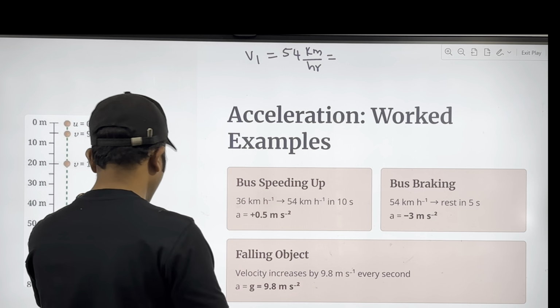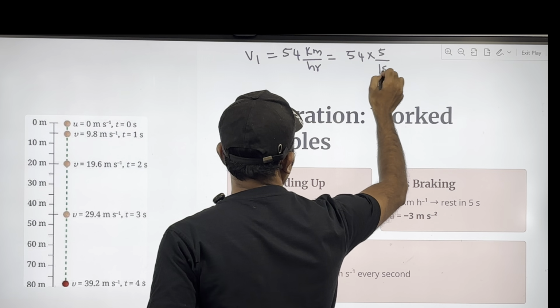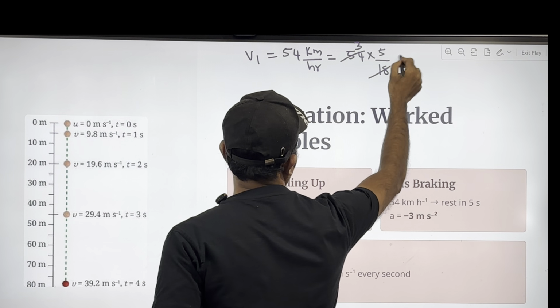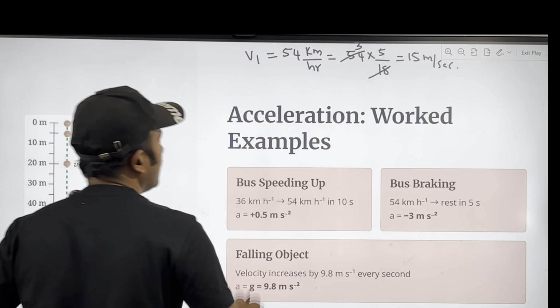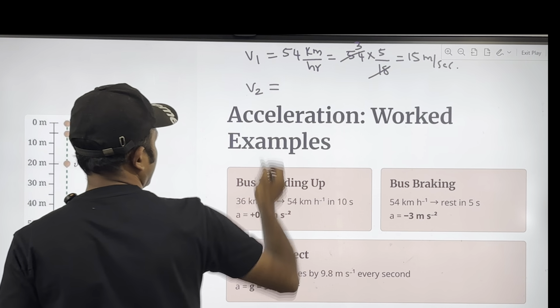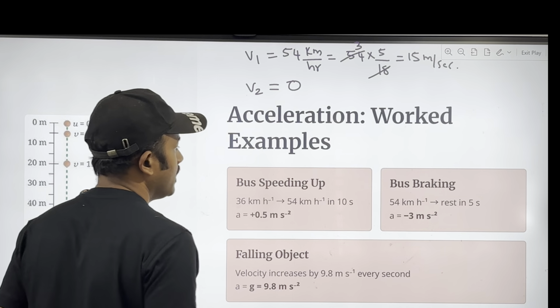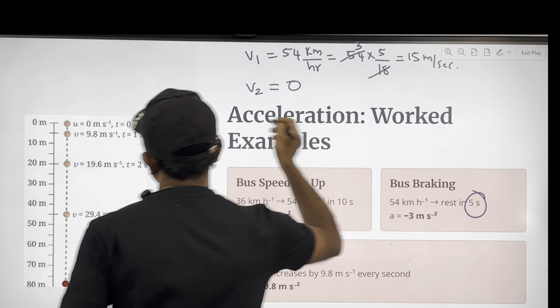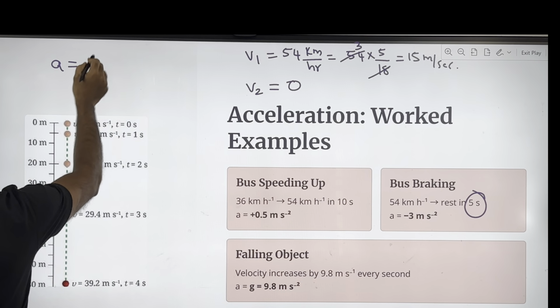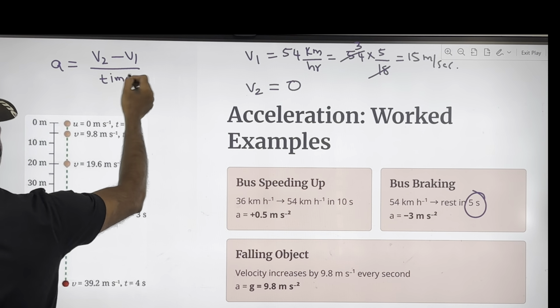So 54 into 5 by 18, how much is it? 18 times 3 is 54, 3 5s are 15 meter per second. After braking the bus, the final velocity reduces to 0 in 5 seconds. The time gap is 5 seconds. Acceleration equals change in velocity by time interval.